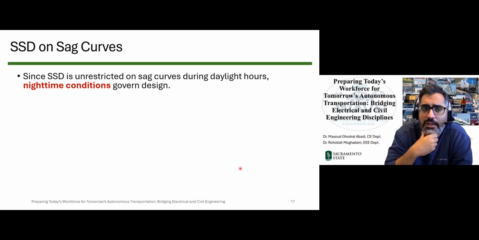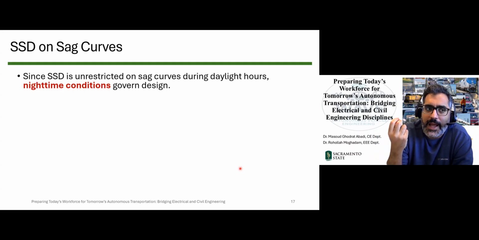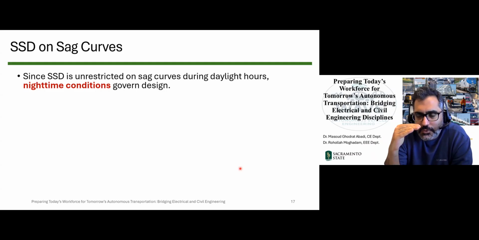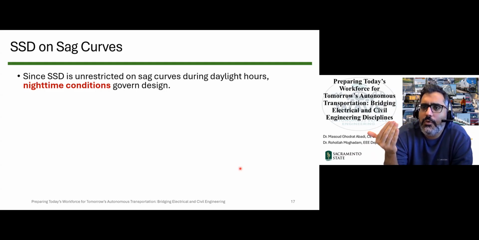And now, while I'm talking about these things, given the objectives of our workshop, I would love you to think about how the design for a machine driver is going to make a change on all of these items. Like when I'm talking about reaction time, when I'm talking about the height of the driver's eye, what would be the height of the camera on your car?